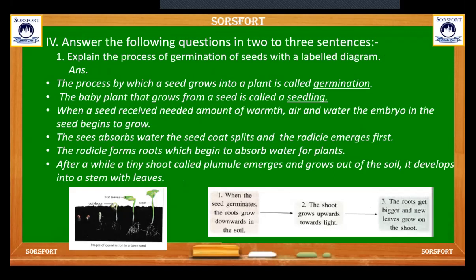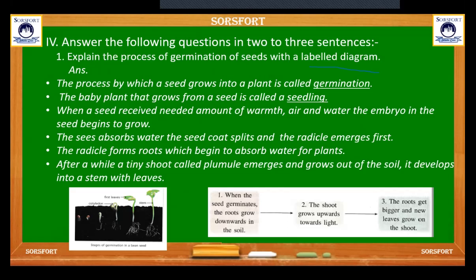Then come to the next question. Answer the following questions in 2 or 3 sentences. First question, explain the process of germination of seed with a labelled diagram. We already did this question in our worksheet. The process by which a seed grows into a plant is called germination. The baby plant that grows from a seed is called seedling.